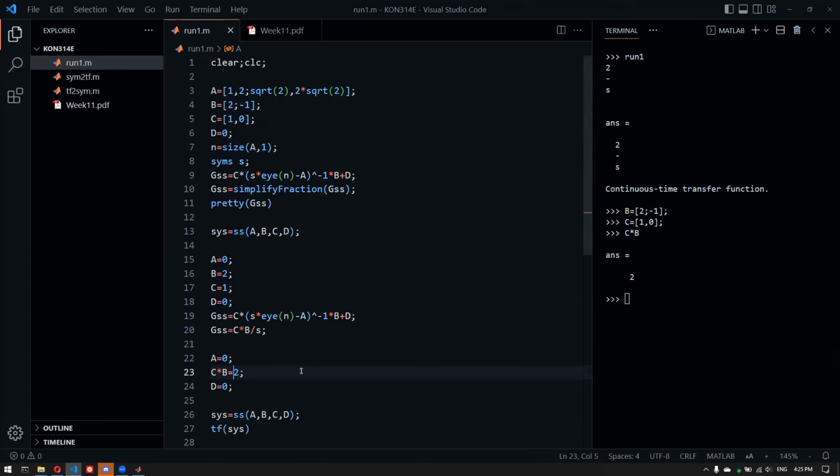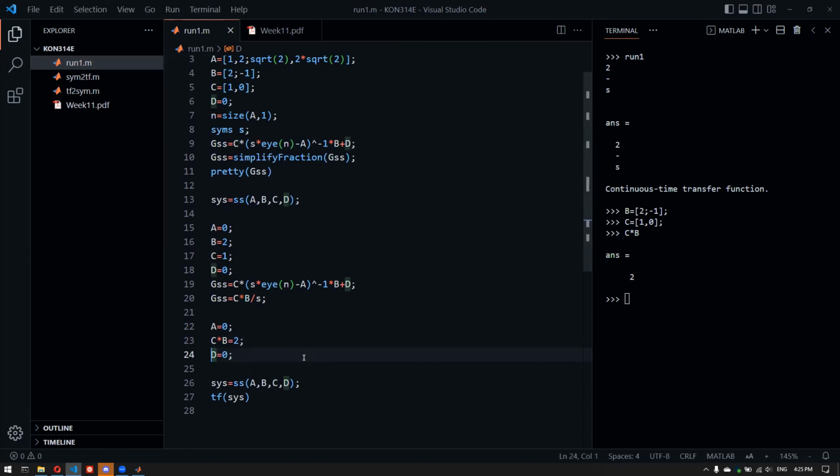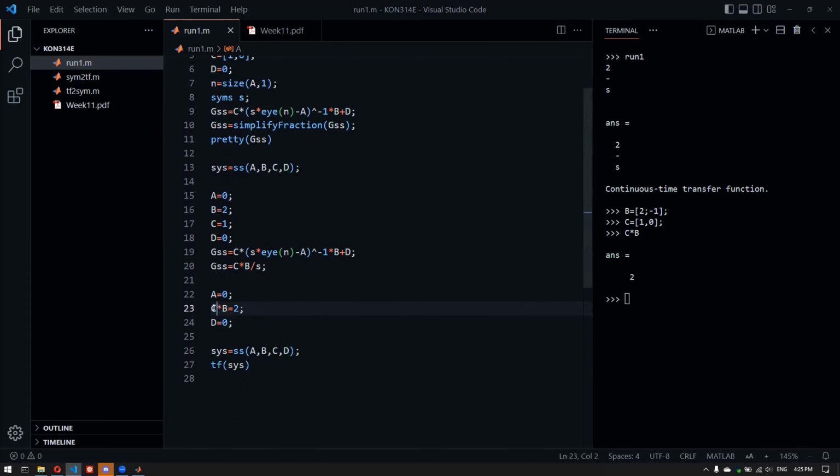You need to have the accurate order here. If C times B is equal to 2, C and B being vectors doesn't even change anything. You can just come up with the zero matrices here, and you can change CB as you wish, and you will end up in the same transfer function. So that's quite important to note here.